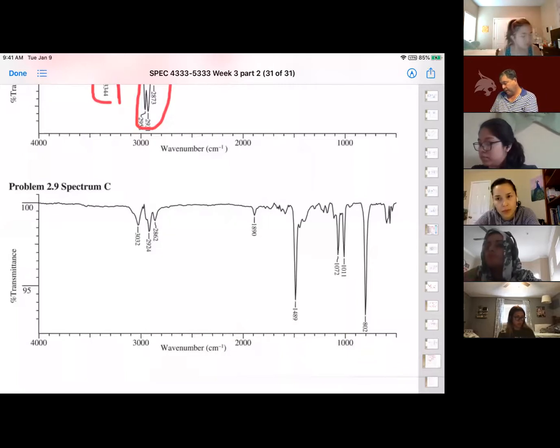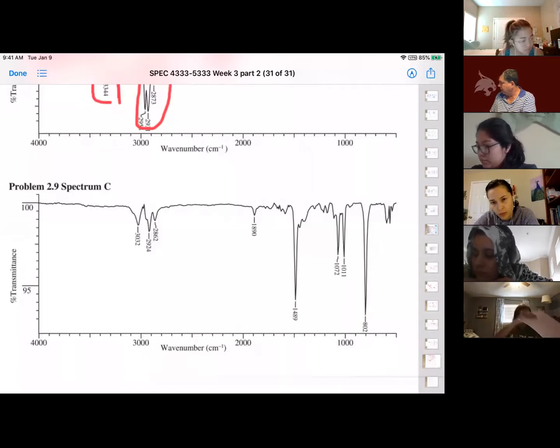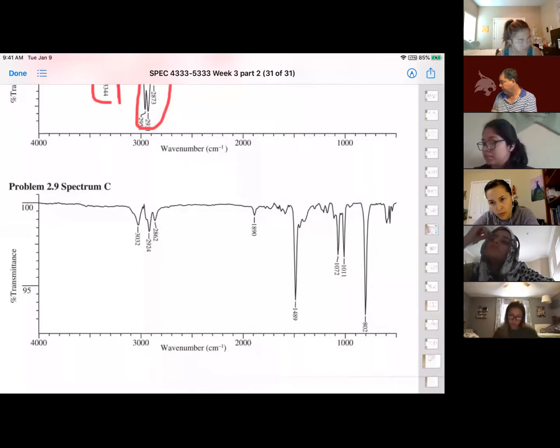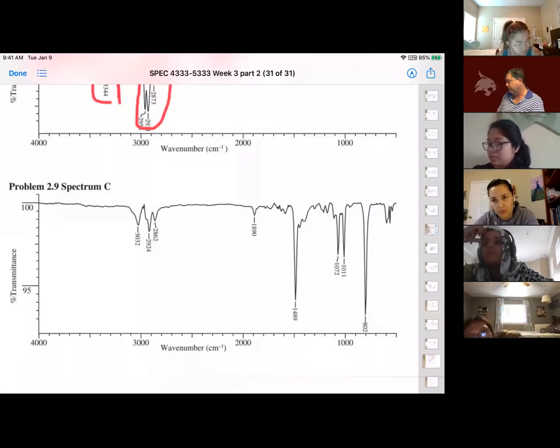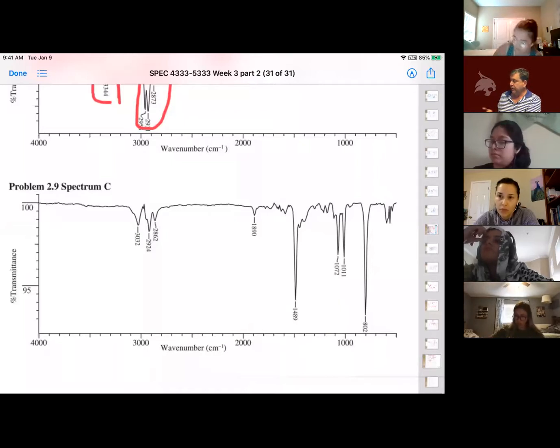Can't be a lactone, can't be an amine, can't be a nitrile, can't be a CO3. So we have only one thing that's plausible: benzene has the opportunity to have a weak peak in this band.